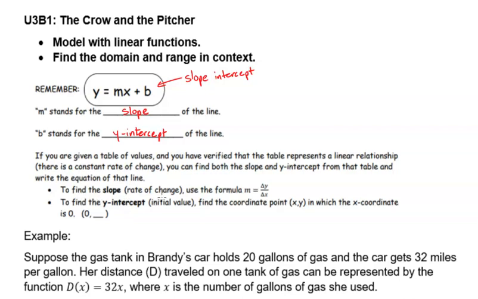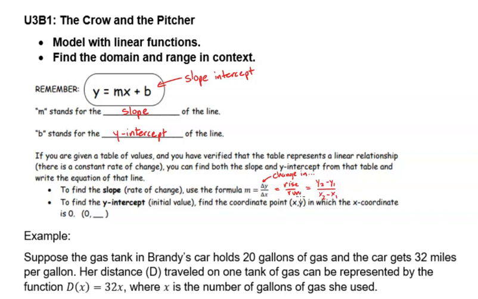To find the slope of your line, you would use that rate of change, which sometimes is described as this formula, delta y over delta x. That delta symbol means change in. We sometimes use that rise over run version of finding slope, or there's another version where you take your 2 points and you subtract the y coordinates for the numerator of the slope, and subtract the x coordinates for the denominator of the slope.